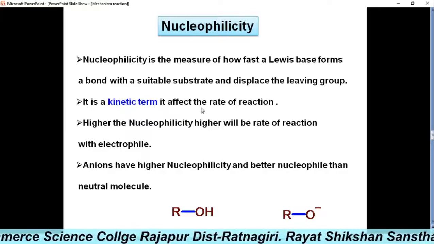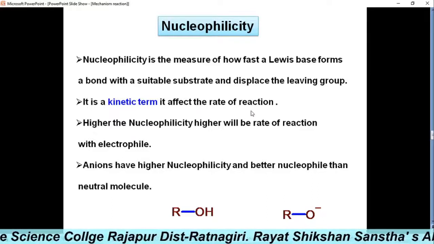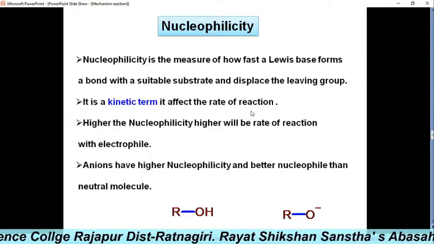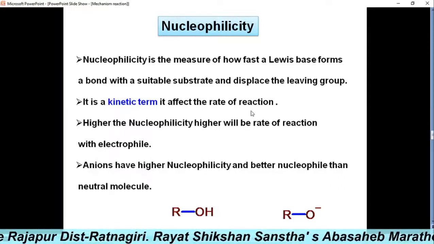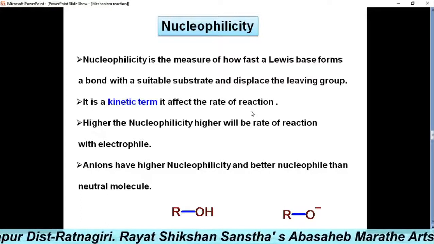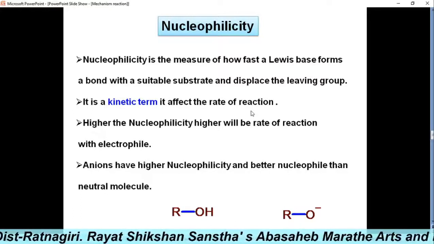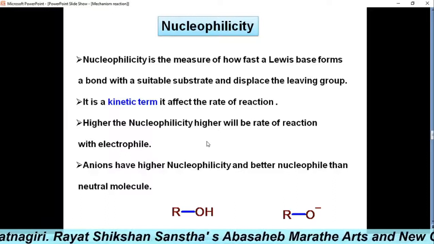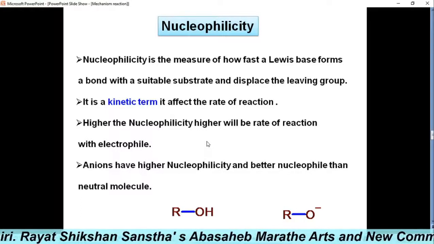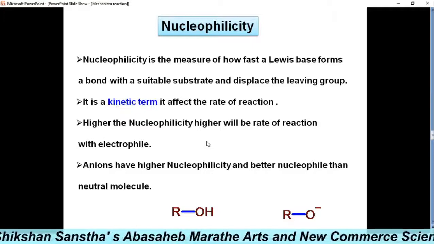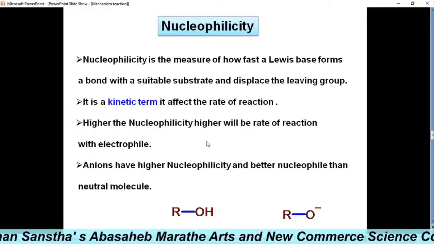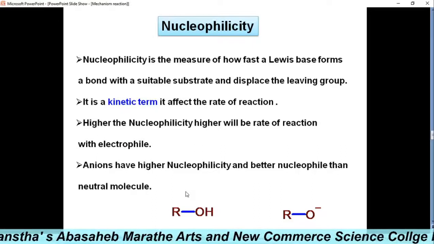It affects the rate of reaction. Hence, the higher the nucleophilicity, the higher will be its rate of reaction with an electrophile, with lower activation energy.